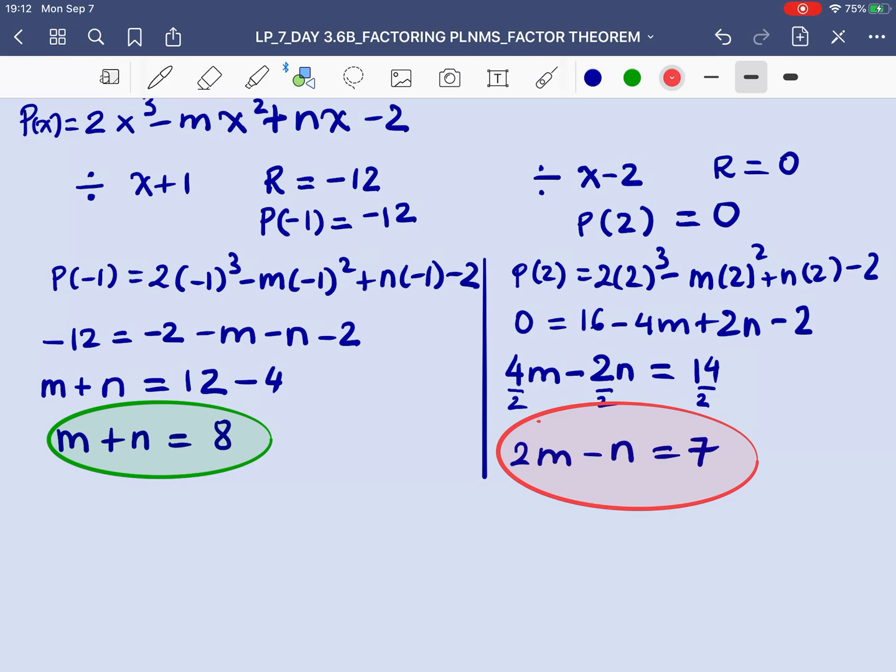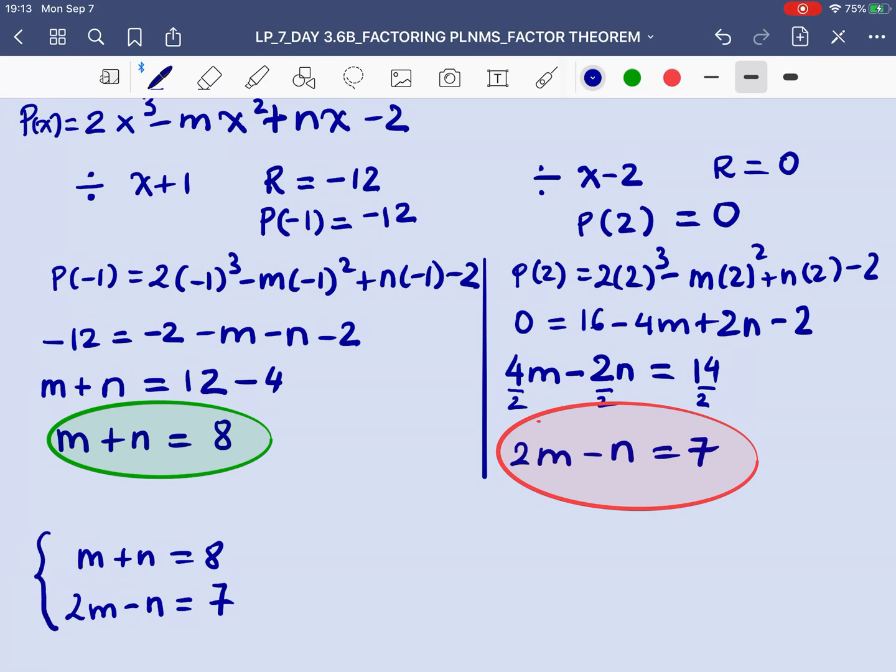What we're going to do is use both equations to find m and n. In order to do this, we bring them together into a system of equations. This is how I like to write a system of equations. First of all, I like to keep my terms in order, so if the variables are on the left side in the first, then they must go on the left side in the other as well, and the constants on the right side.